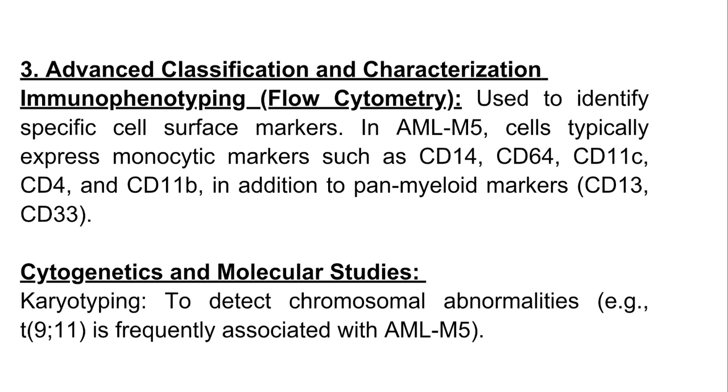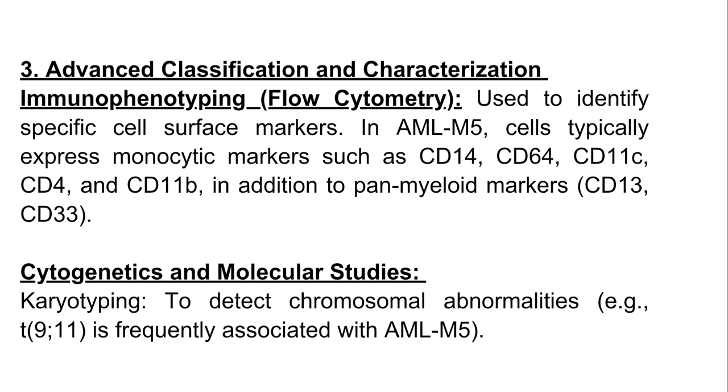Notably, these cells express monocytic markers such as CD14, CD64, CD11c, CD4 and CD11b, along with pan-myeloid markers like CD13 and CD33. This profiling helps us confirm the subtype and tailor treatment strategies effectively.